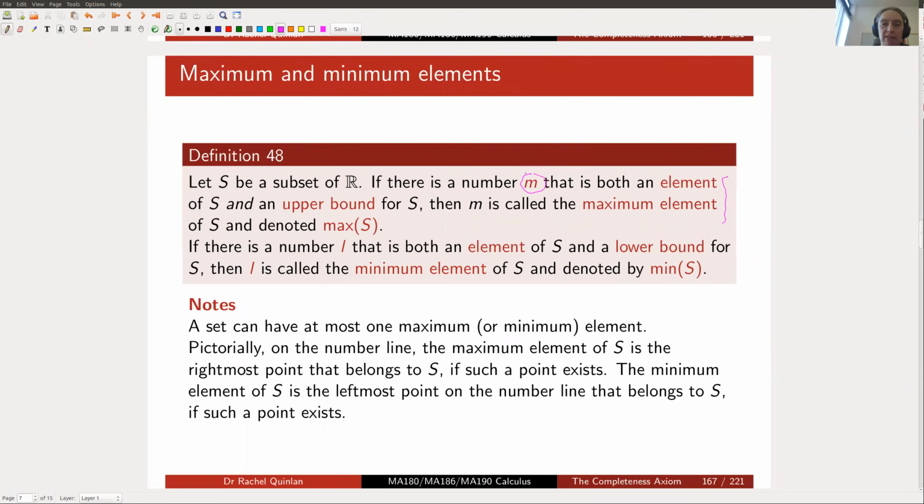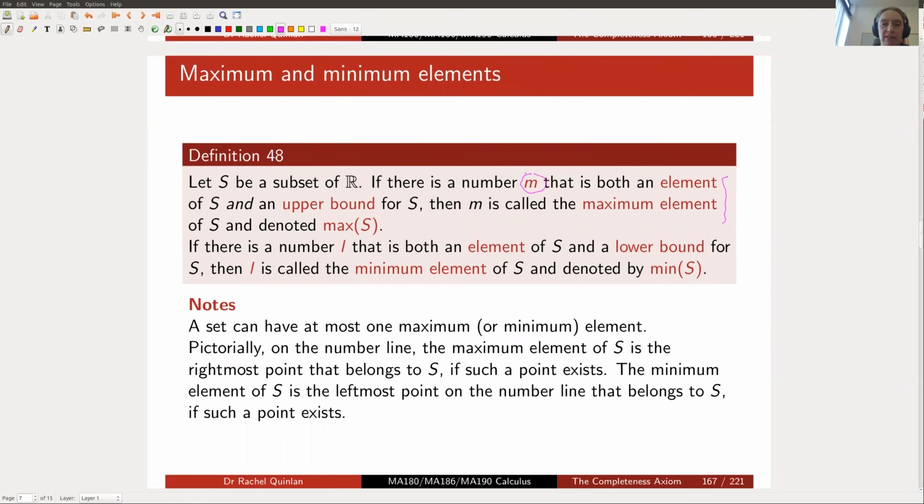Okay, and so we can look at a couple of examples first. If you take the set whose elements are 1, 3, and 24, then the maximum element there is 24. It's just the greatest element in the set.